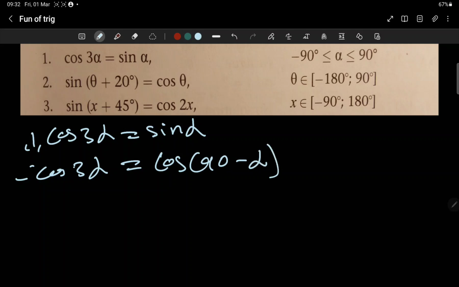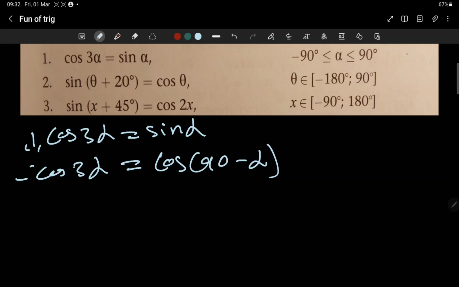If we put 30 here, say sine 30, we get an answer, and also cos 90 minus 30 is both half. Sine 30 equals half, cos 90 minus 30 equals half.